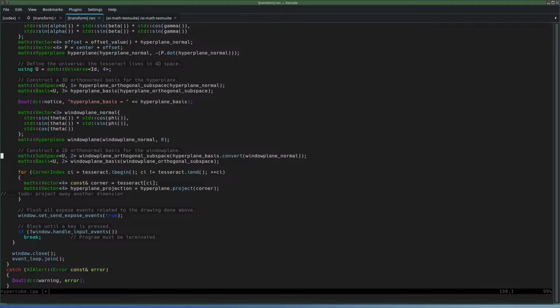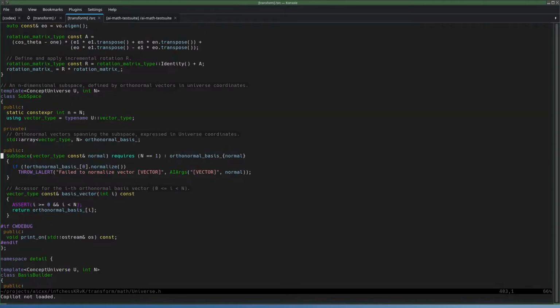But then how is it defined? Because my subspace is also in universe coordinates, I suppose.